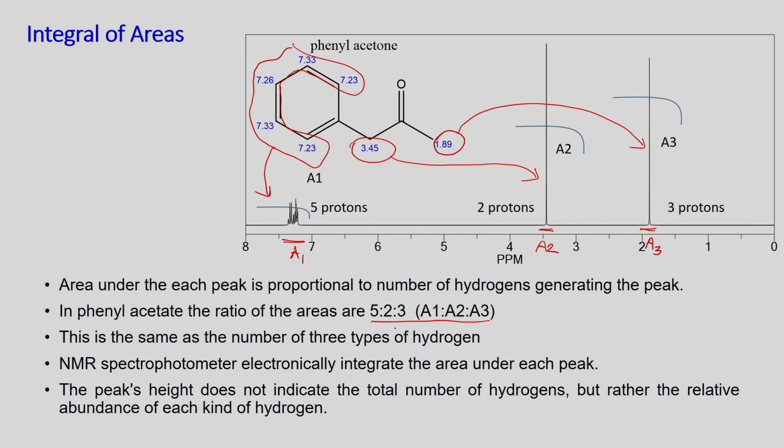It should be exactly in the same manner in which they appear in the molecule. So the area under each peak is proportional to the number of hydrogens generating the peak. So the ratio is 5:2:3. Then calculate the actual ratio.